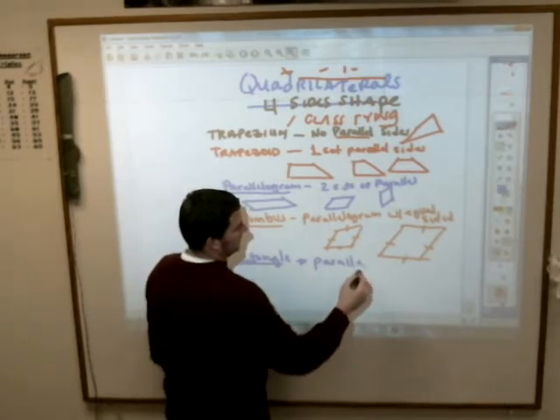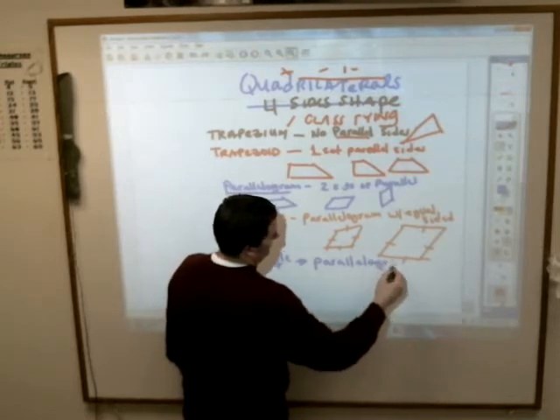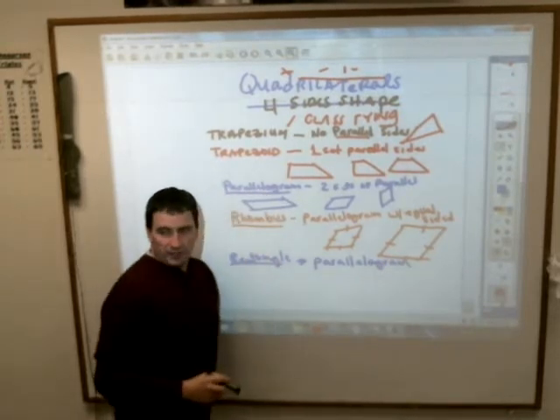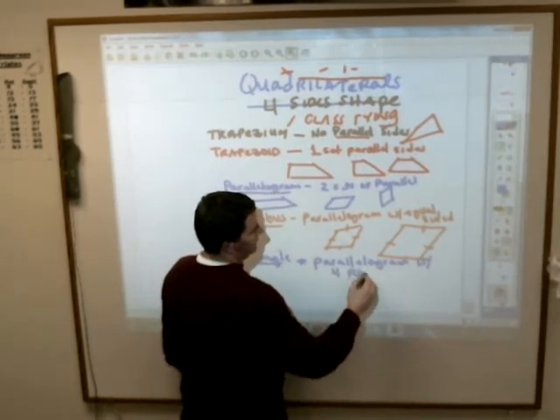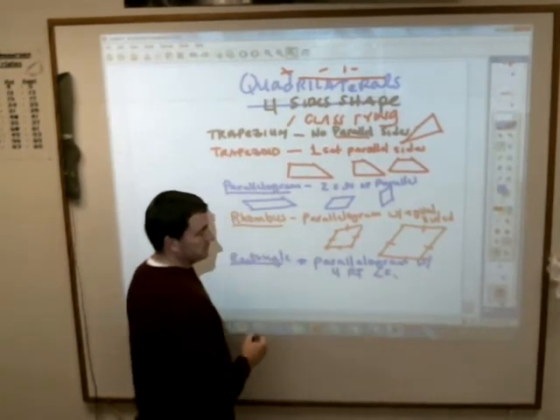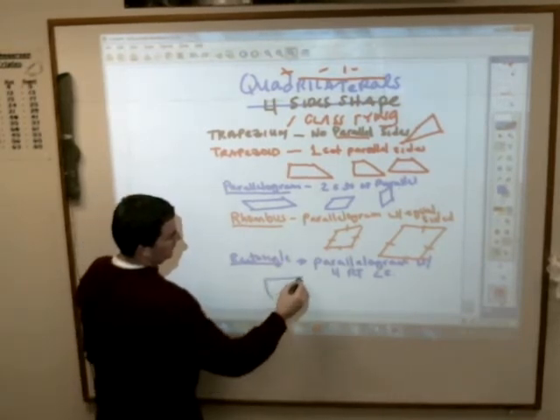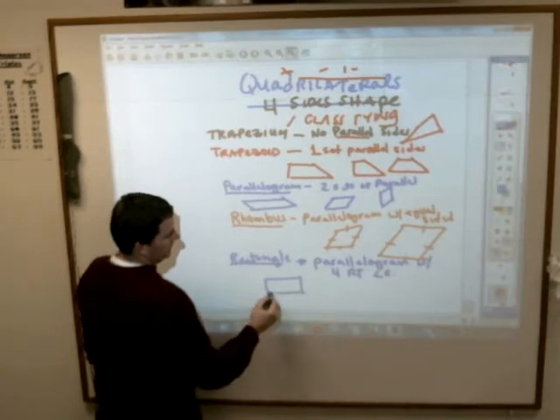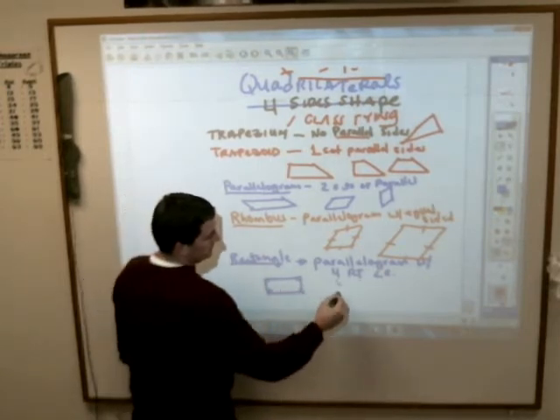No, we can only get 2 sets. We already established that. It's a parallelogram with 4 right angles. A parallelogram with 4 right angles. Every angle on it is a right angle.